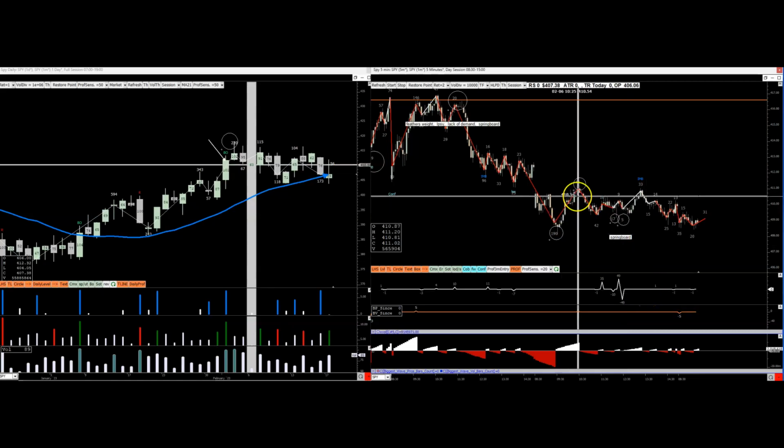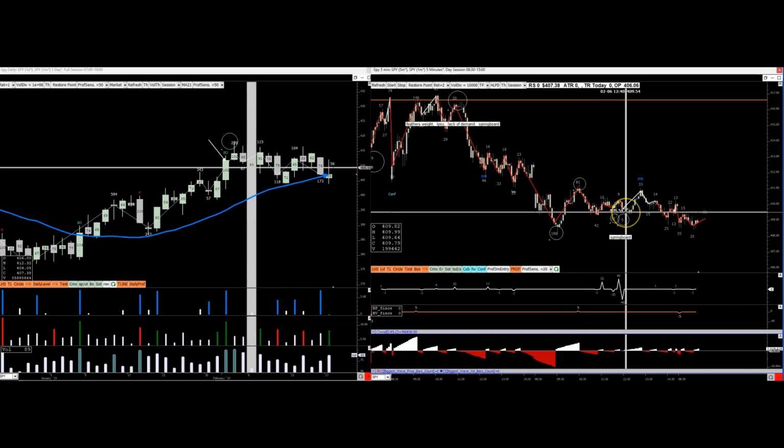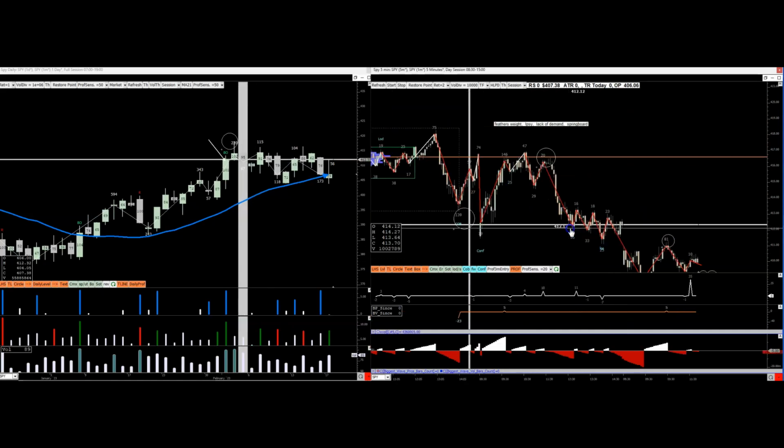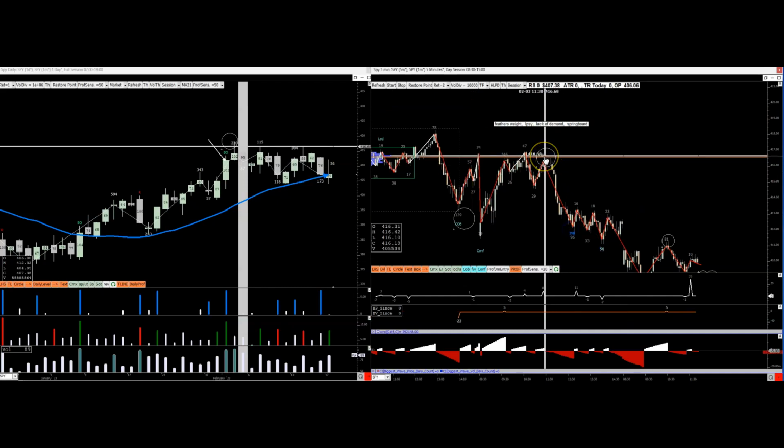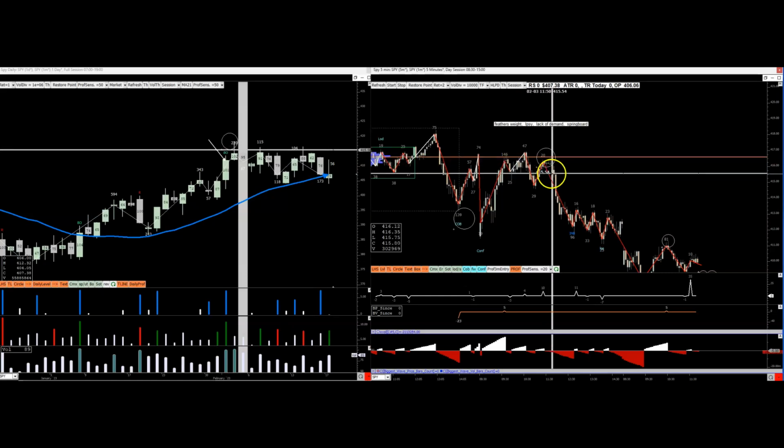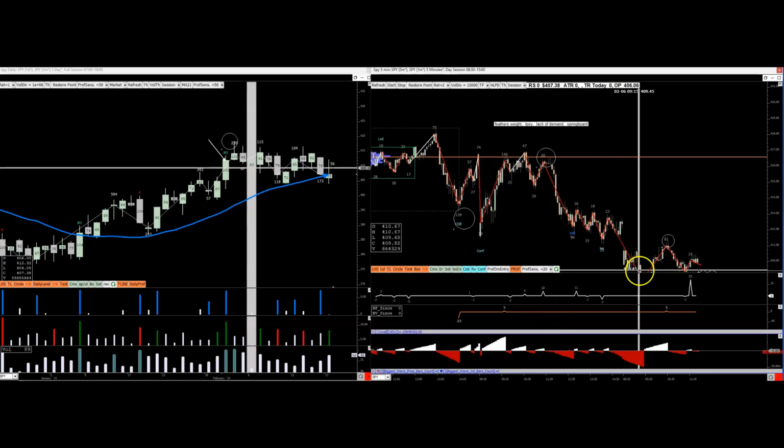Okay, and why is it called a springboard? It's called a springboard because it propels you into one of two phases, one being markup, the other being markdown. In the case up here, from this point, we are no longer in distribution. We are in markdown.